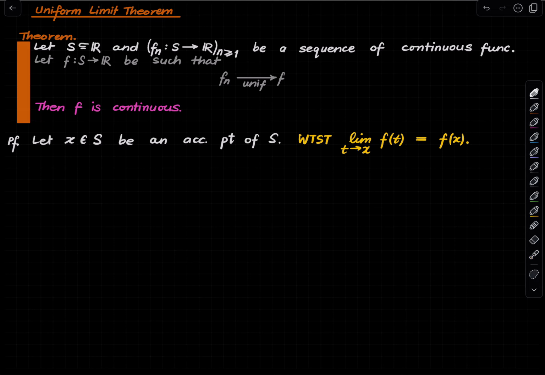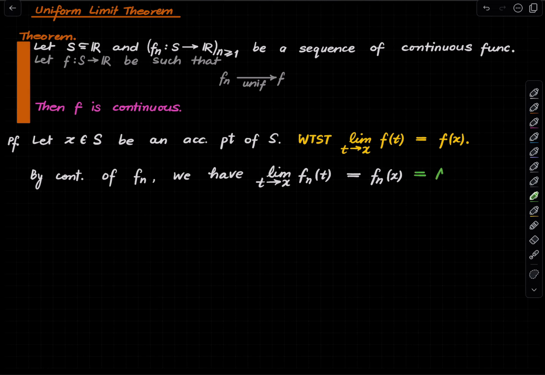Now, by continuity of f_n for each n, this limit exists and is equal to f_n(x), because f_n is continuous, and therefore by the previous lemma, in the notation of the previous and previous to previous lemma, this is just a_n.